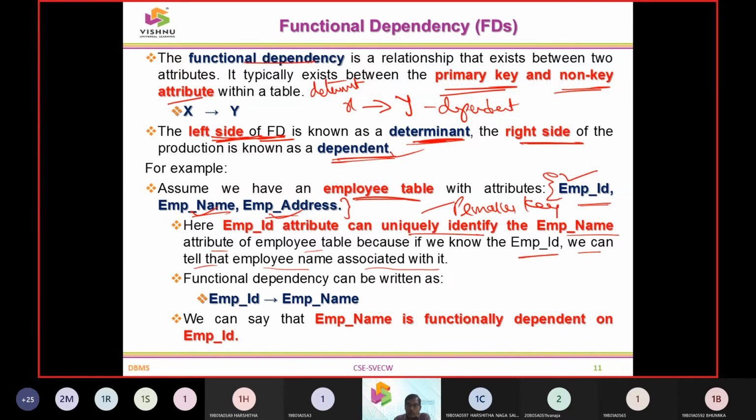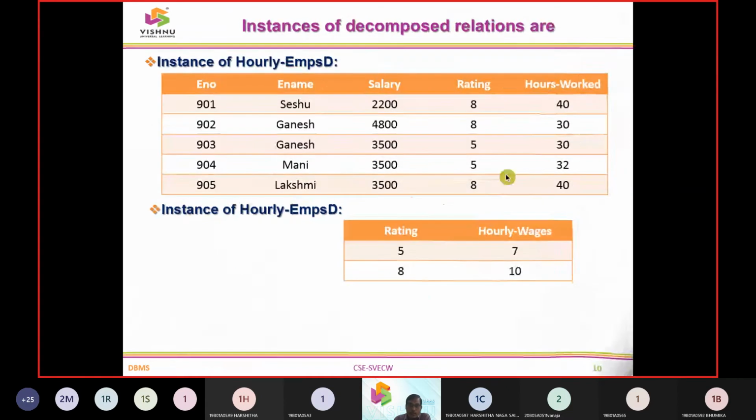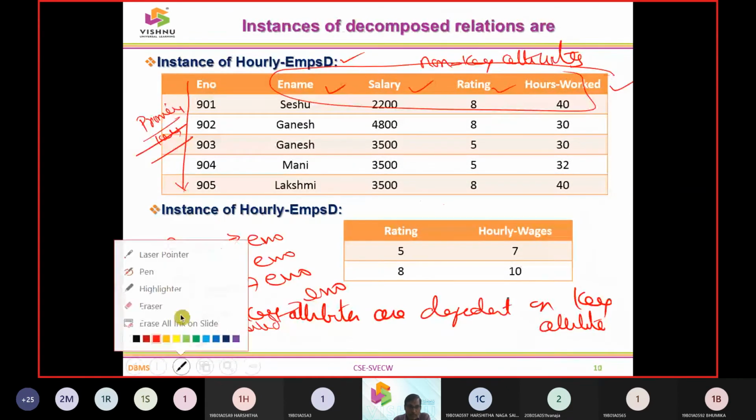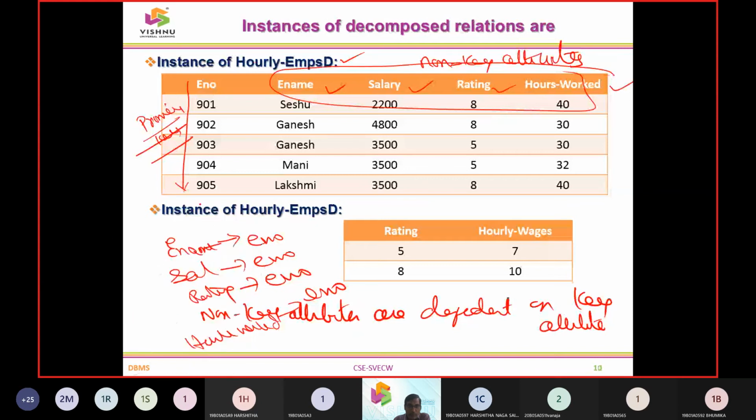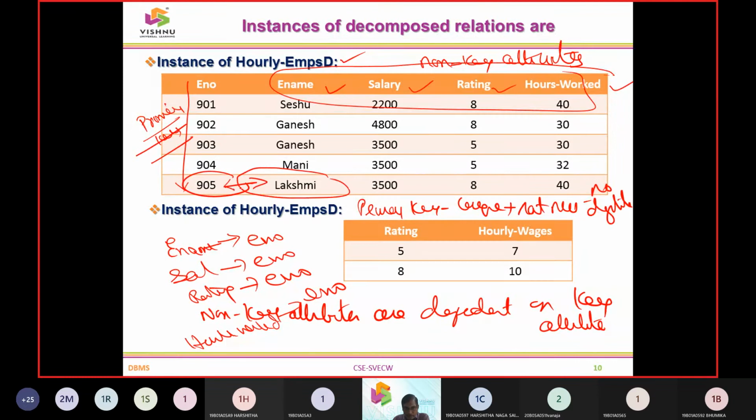So as far as the primary key is concerned, it is unique and not null, that is, no duplicates here. The number and name are related.